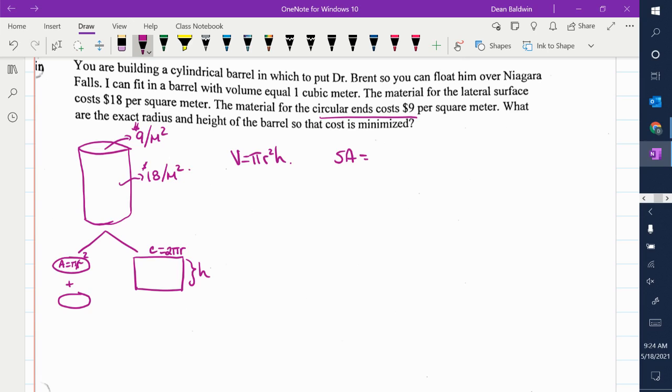So if I ask for the surface area, just in general terms, what is the surface area? It's just area of all the surfaces. That's why it's called surface area. What are the surfaces we have? We have 2 circles. So it's going to be 2 times the area of the top bit, because the bottom bit will be the exact same, plus the area of the sides.